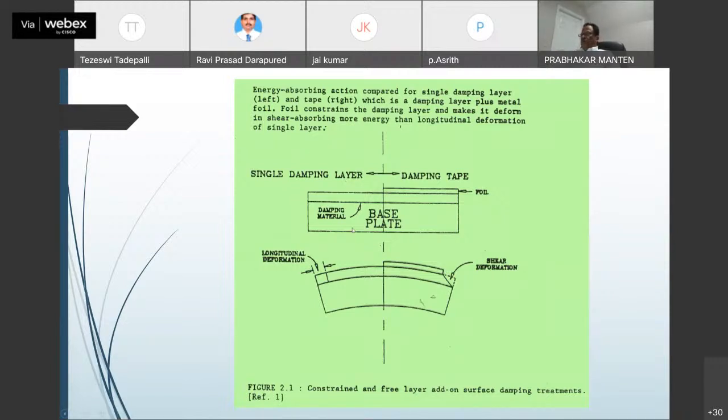The gentleman Ajay Kumar raised a question about curvature. Remember, in mode shapes there will be a curve. When the base plate starts bending in this fashion, a curvature is formed like this. If you applied a damping layer on top of this, it creates a longitudinal deformation only, whereas if a constrained layer is on top of it, it creates a shear deformation also.